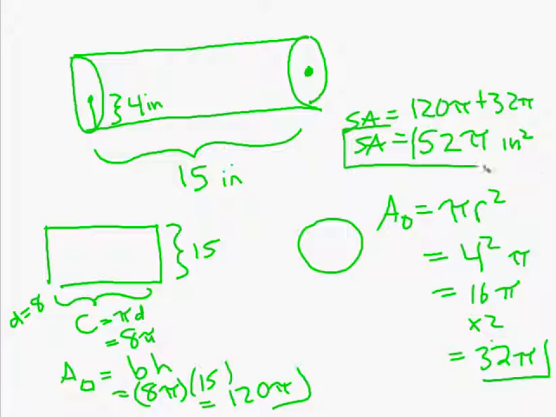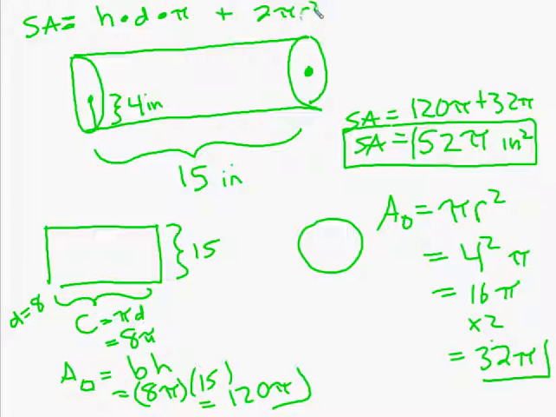Okay, let's try the formula. Maybe I made a mistake. No, I did the same thing. The formula is height times diameter times pi plus 2 pi r squared, because I have two circles. So you should get exactly the same thing. Our height is 15.